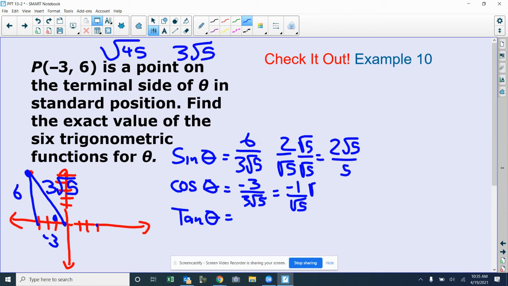Rationalize now, and end up with negative square root of 5 over 5. Tangent of our reference angle here is my y value over my x, or opposite over adjacent, which would be 6 over -3, which is -2.